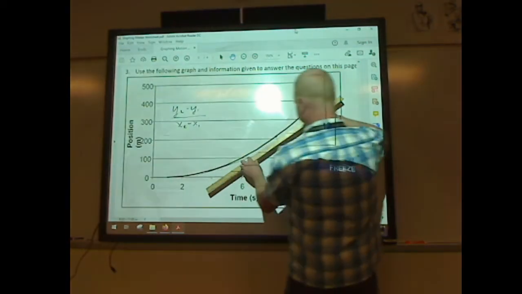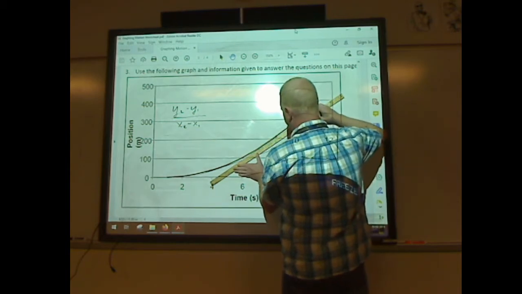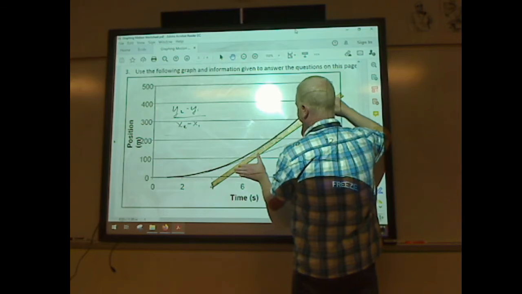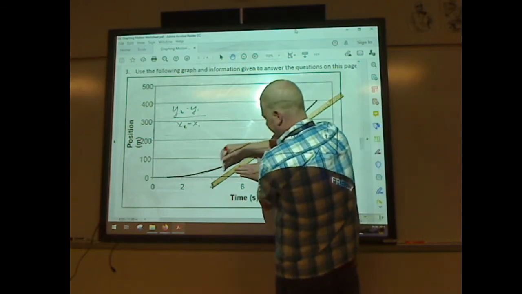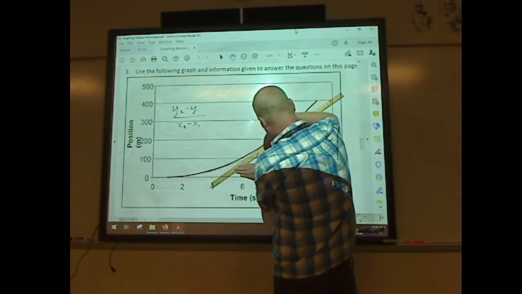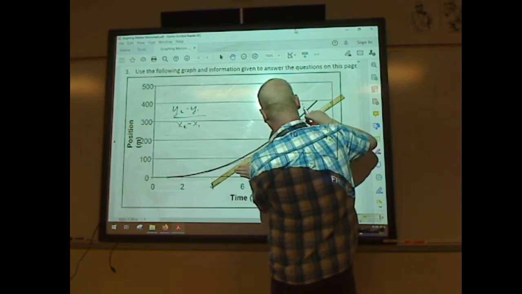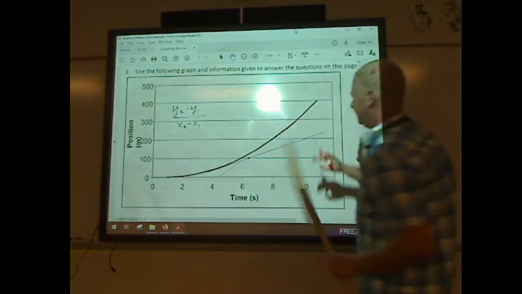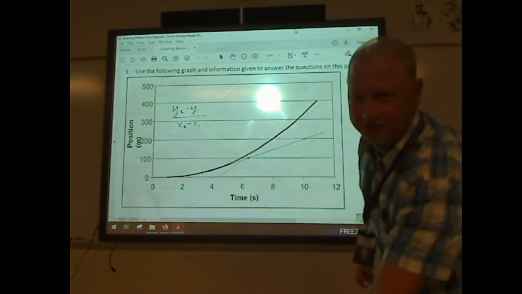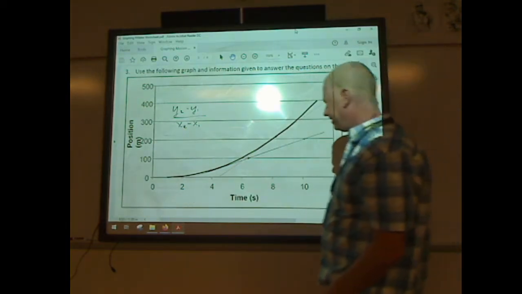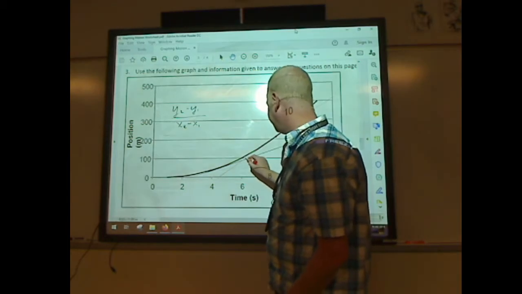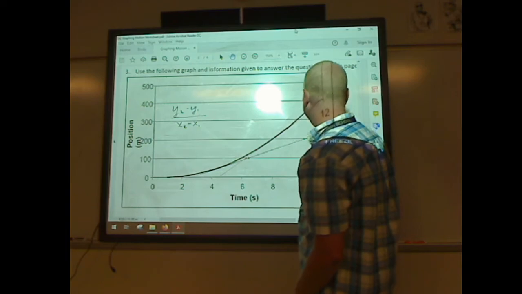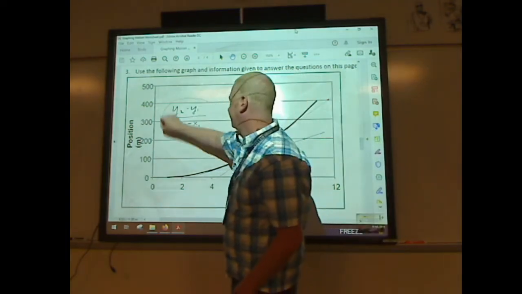Again, we take our ruler and we draw a line tangential to the curve, again meaning that it brushes by the curve only at time equals 8 seconds. Alright, that's not the best, but you guys get the point. Again, you would pull off 2 points, right, that you can fairly decently estimate, and again, find your slope.